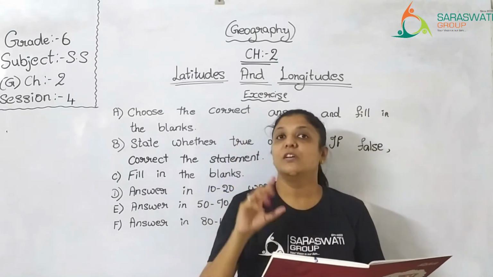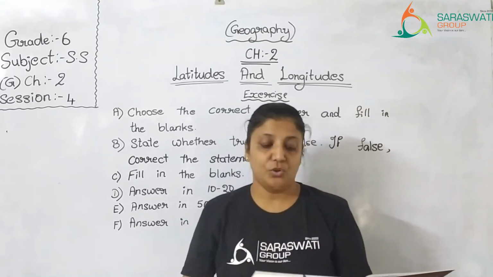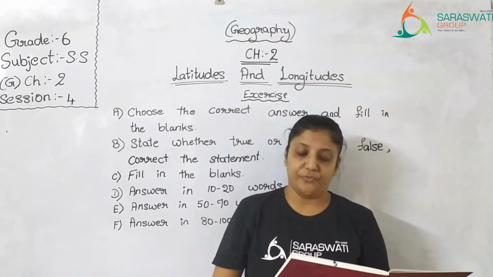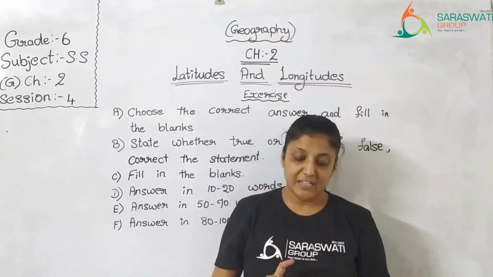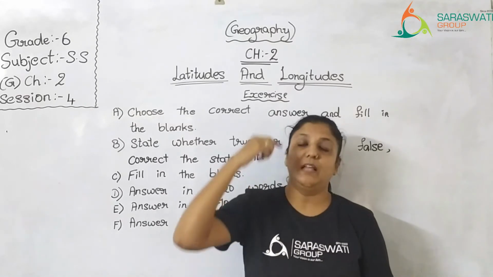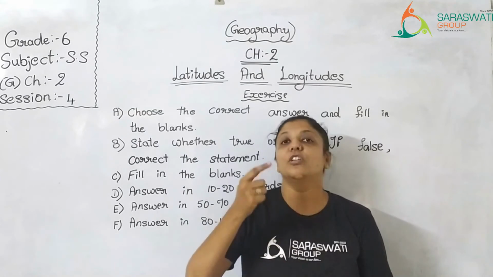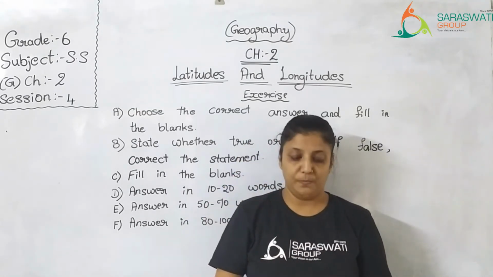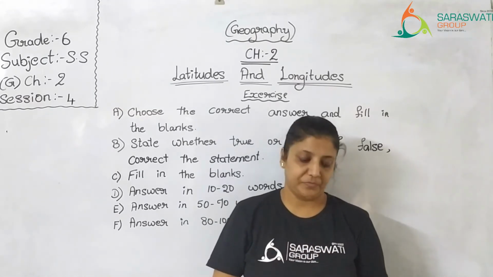Now the coldest zone. The north frigid zone lies between the Arctic Circle and the North Pole, and the south frigid zone lies between the Antarctic Circle and the South Pole. Clear? This is the answer.